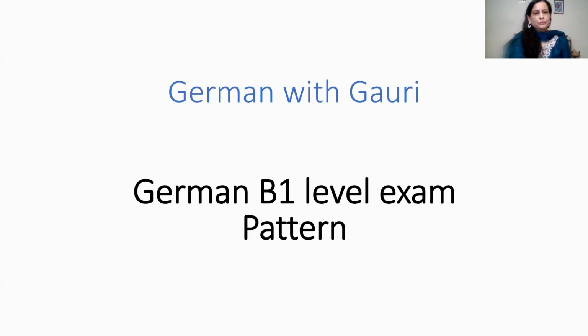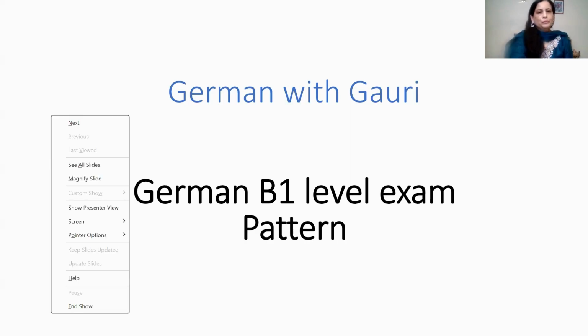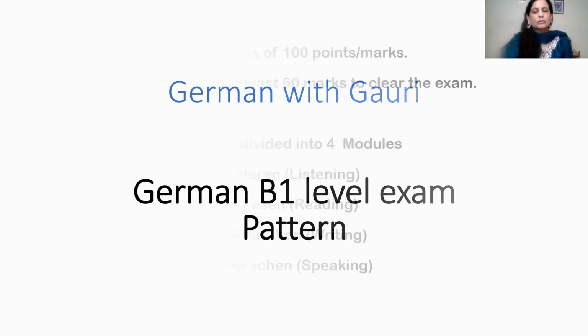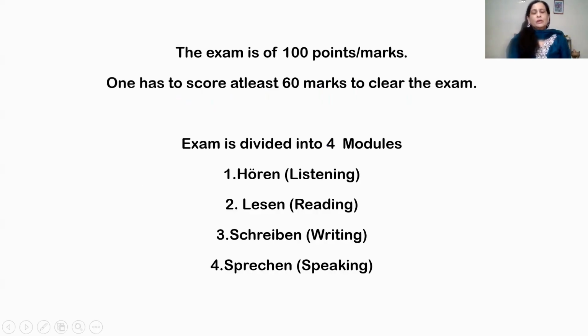So you will be able to know how this German B1 exam looks like, right? The exam is of 100 points or marks. One has to score at least 60 marks to clear the exam, to pass this exam.